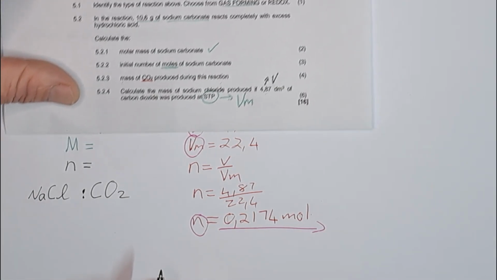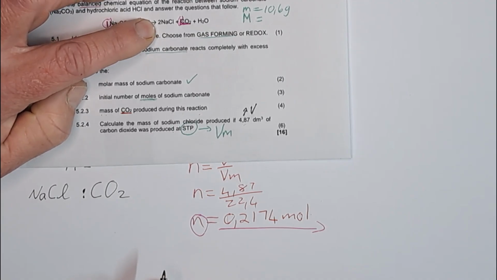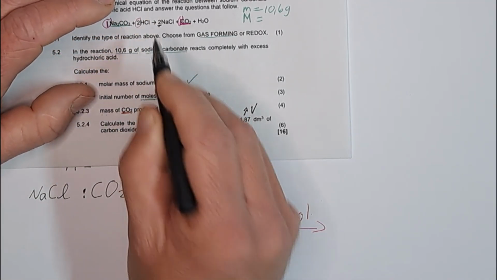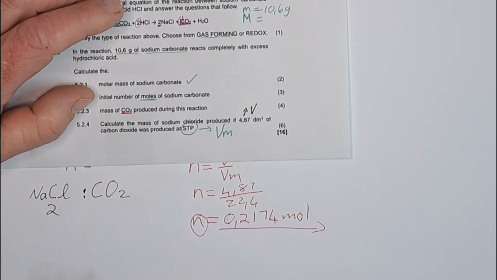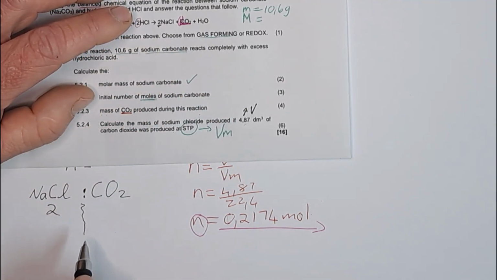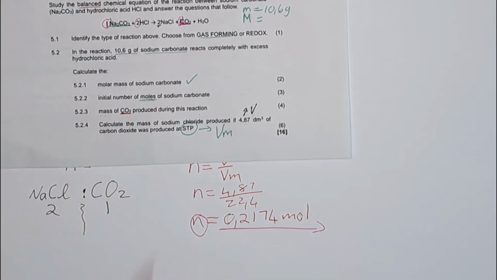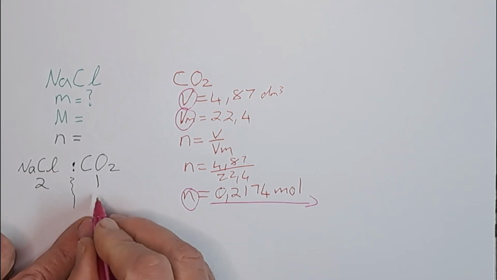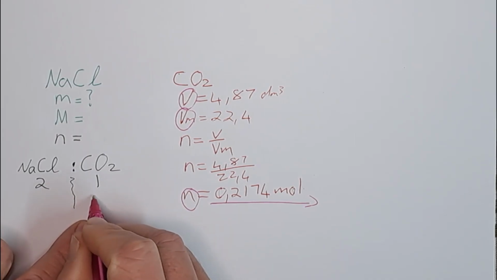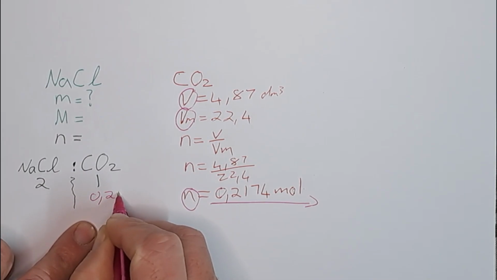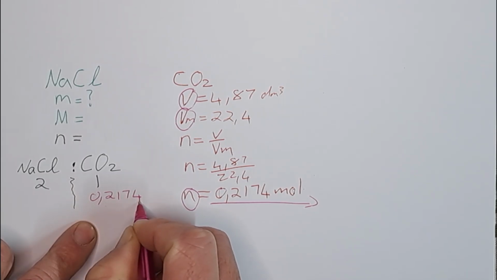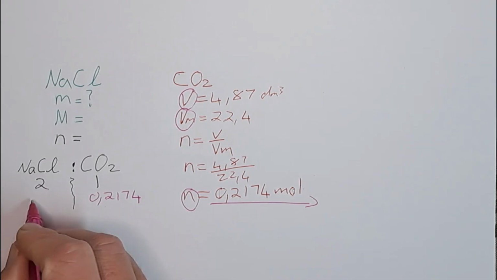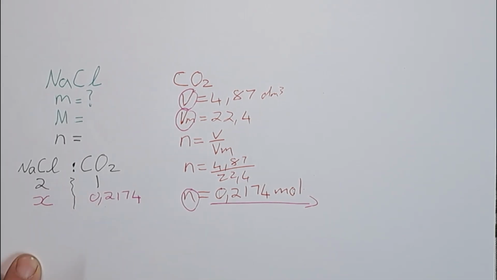So this one here is a 2 for sodium chloride, and for carbon dioxide it's going to be a 1 as we saw previously. Then the next line is where we write our moles. So carbon dioxide, we calculated the mole as being 0.2174, and we want this mole, so it's going to be X.